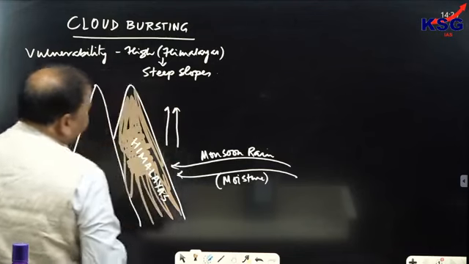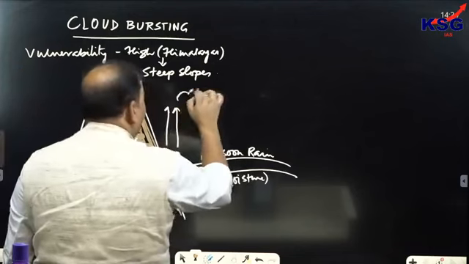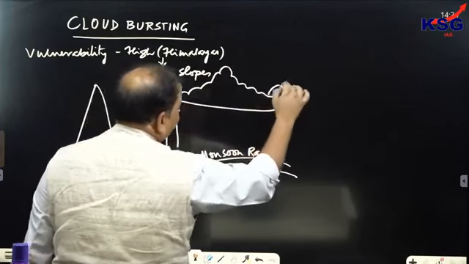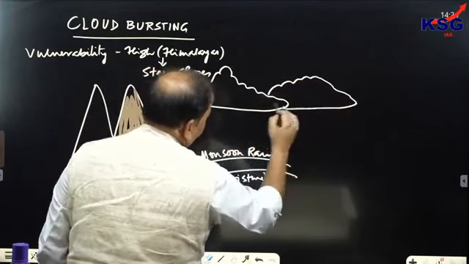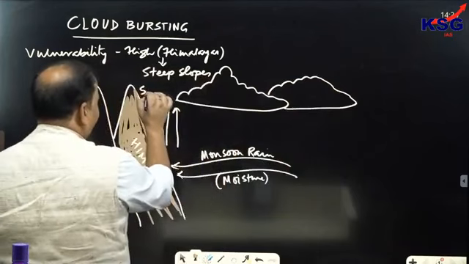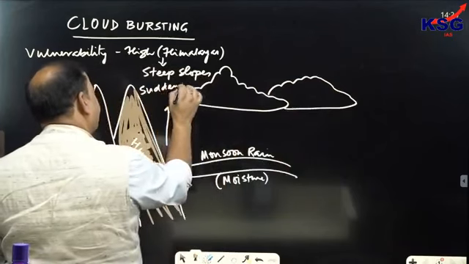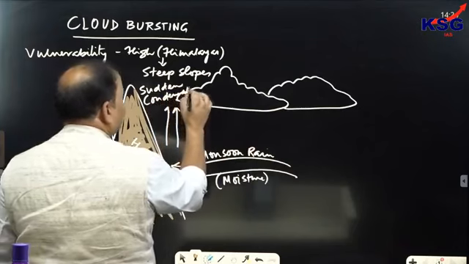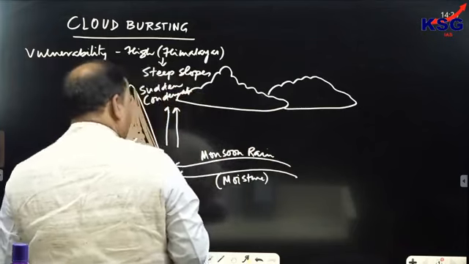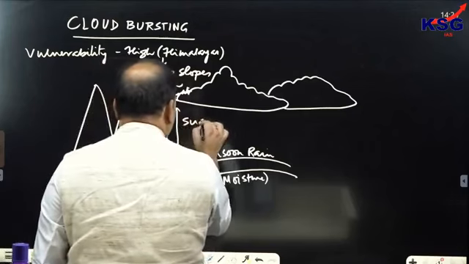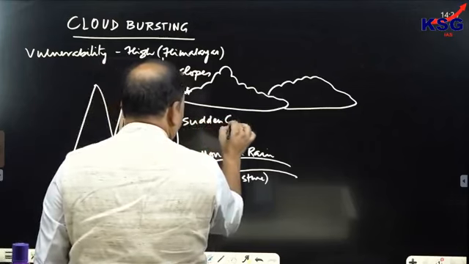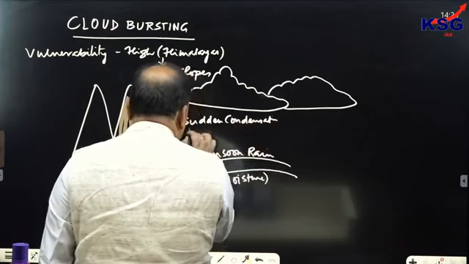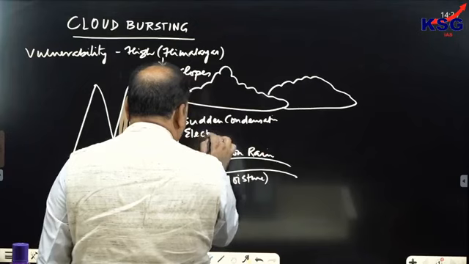And when it ascends upward, it would be responsible for what? It would be responsible for sudden condensation. Not only does sudden condensation take place, but it also enhances electrostatic induction.